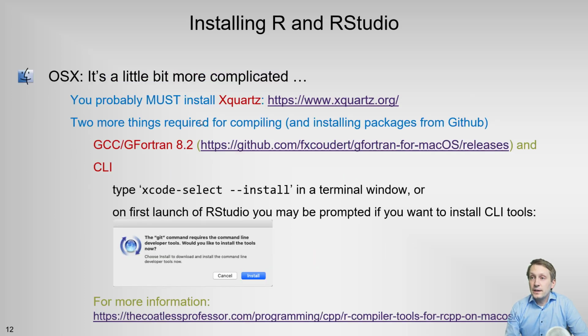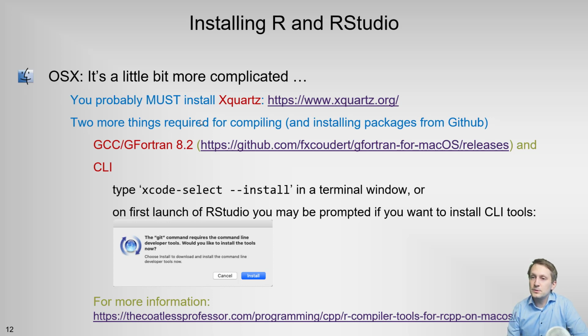If you use OS X, there's an additional step. You need to install XQuartz. Quartz used to be a feature that was part of OS X. At some point they ripped it out, and so you need to put it back in. But downloading and installing it should be fairly simple. There are 2 more things that you need to do if you want to be able to compile packages, which you need if you want to install packages from GitHub. You need GCC and gfortran. There's a GitHub link where you can download it, and you need to install the command line interface tools.